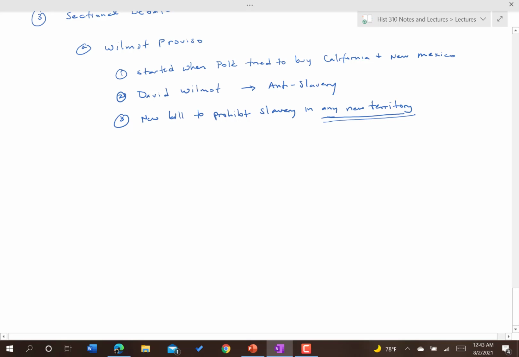And of course, you already had issues with the Missouri Compromise, which set the line: anything south of the line was slave, anything north of the line was free. And so the Wilmot Proviso was an attempt to prevent any further expansion of slavery as we continued to steal and acquire new land.